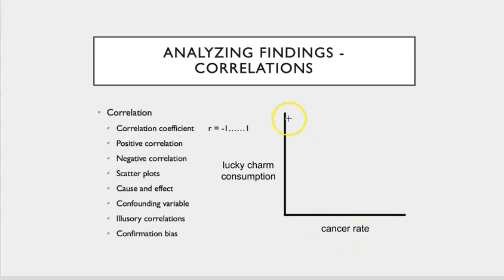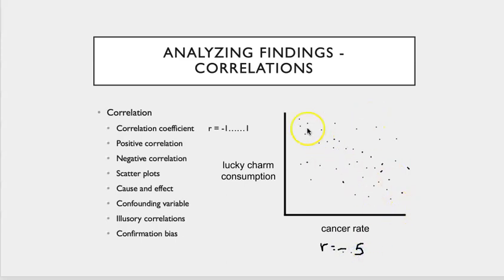And the people that had a whole lot of Lucky Charms as a kid, less of a cancer rate. And then, of course, you always have a few exceptions, but it'll be something like that. So that would be a negative correlation. This would be something like R equals negative 0.5.